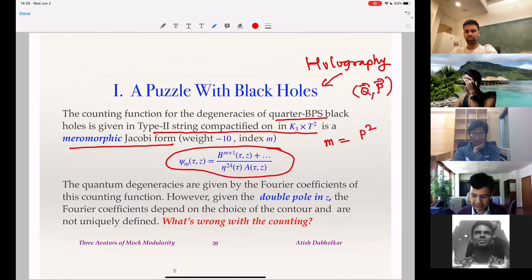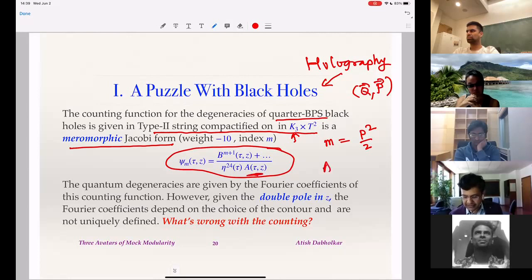It's a vector actually, a Lorentzian vector, and you can take the square of the Lorentzian vector divided by 2, and that turns out to be an integer because it's an even integral Lorentzian lattice in which these charges take values. It's closely related to the cohomology lattice of K3. So m is p squared divided by 2, and A is the function that I defined.